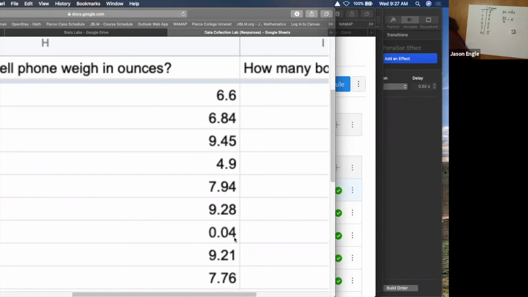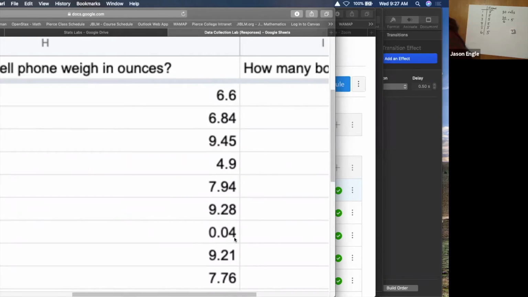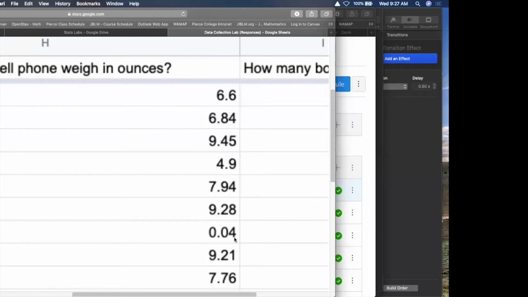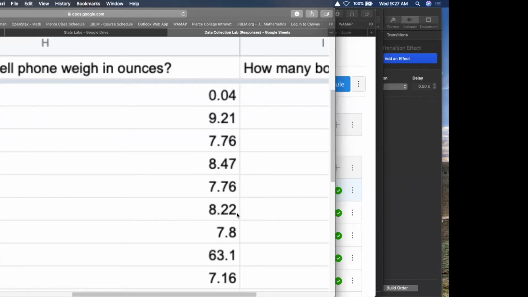Now, I suspect that was human error. I don't know if you know how heavy 0.04 ounces is. That's probably about the weight of a piece of paper. Maybe that was their cell phone. Yeah, maybe they make a paper airplane and throw it to the person. Or here's an interesting one.